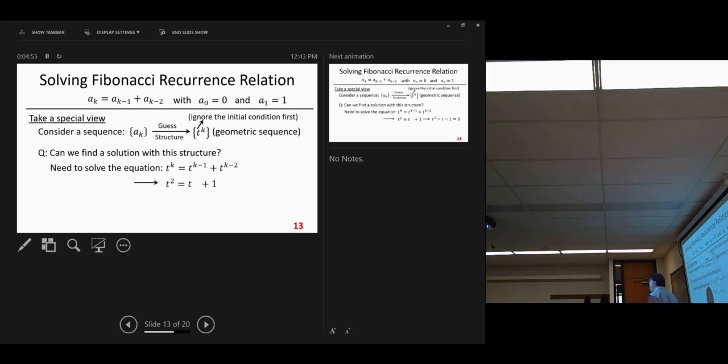Can you cancel out t to the k minus 2 power on both sides? Dividing by t to the k minus 2, we get this quadratic equation. We have solved it several times, right?